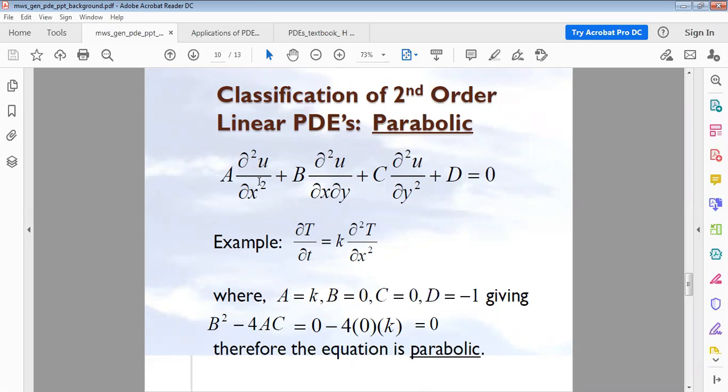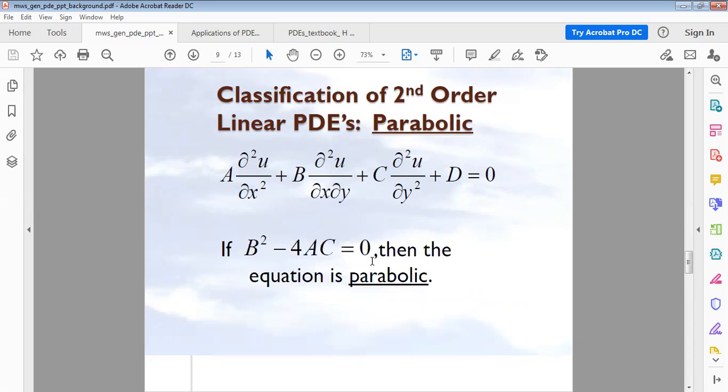If we compare with this differential equation, a equals k, b equals 0, c equals 0, and d equals minus 1, the coefficient of this. So b square minus 4ac gives 0. That means this is parabolic. So if the discriminant equals 0, then the linear partial differential equation is parabolic. Remember it. And what was the previous one?